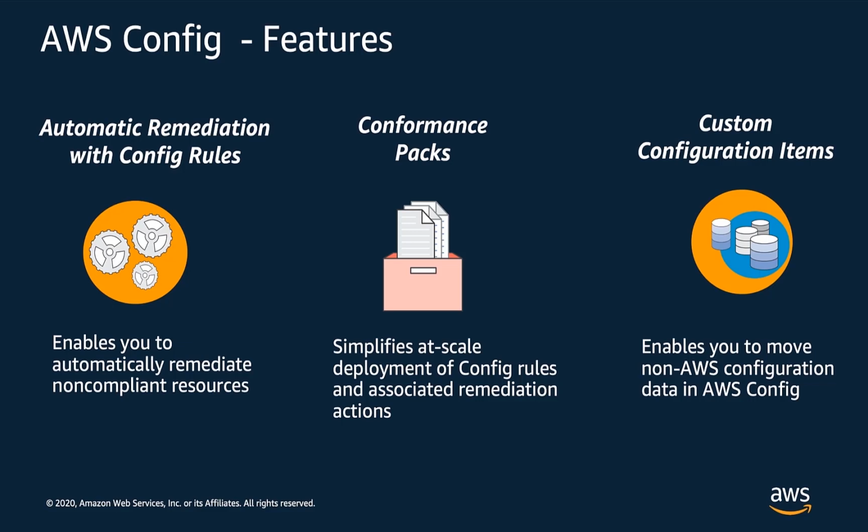This is useful when you, as a central IT admin, want to put some policies or rules in place that can't be tampered with. Config also allows you to record changes in resources that are non-AWS resources, such as Active Directory, GitHub repositories, or SaaS tools such as Datadog.